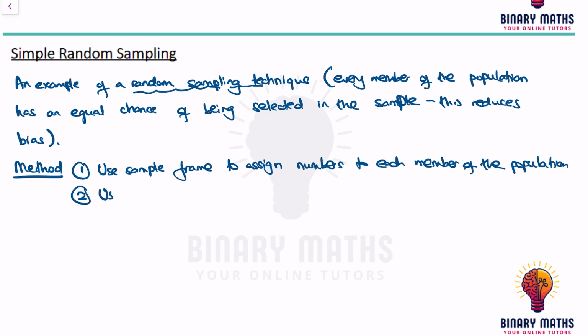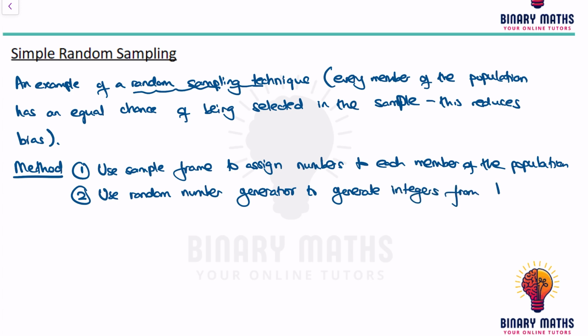Second step is use a random number generator to generate integers from 1 to n.